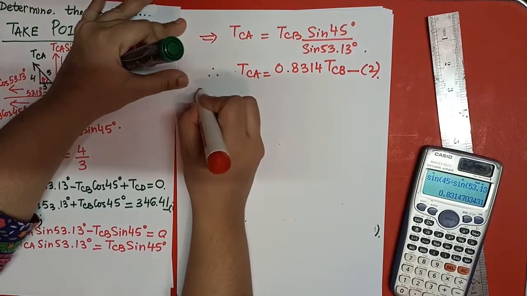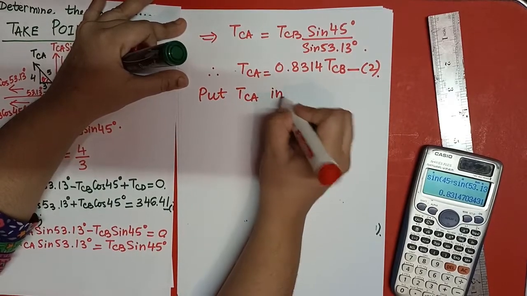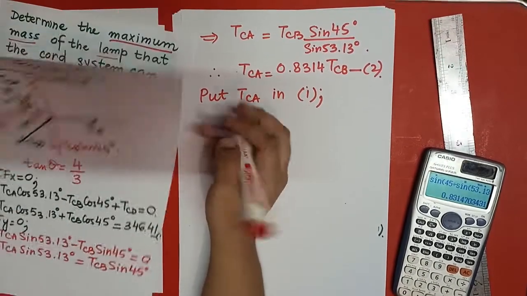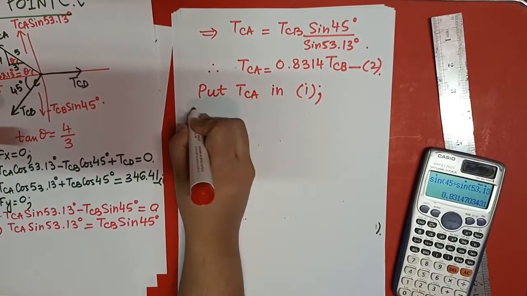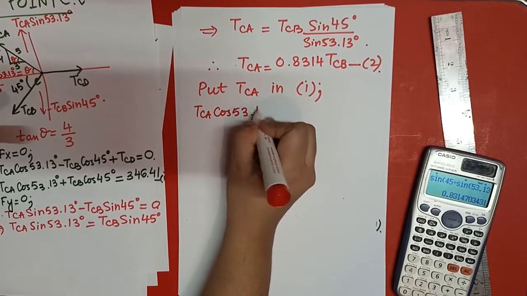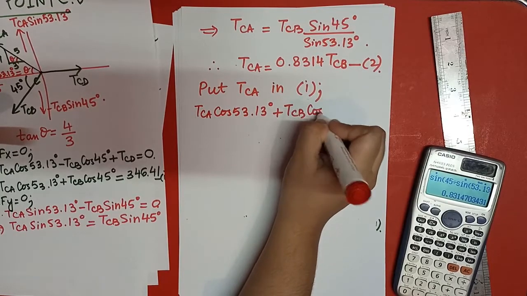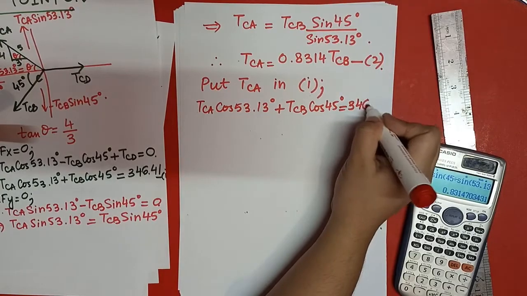So put TCA in equation number 1. For example, this is the equation number 1, so I have to put the value of TCA. So the equation is TCA cos of 53.13 degree plus TCB cos of 45 degree is equals to 346.41.